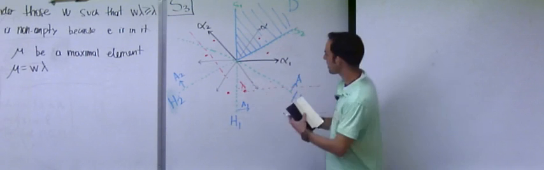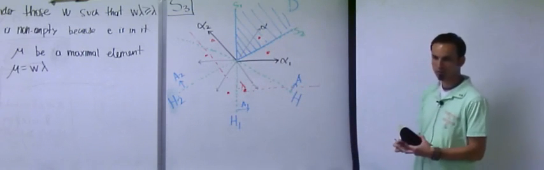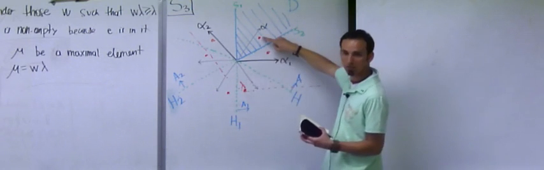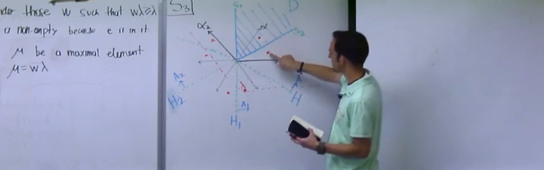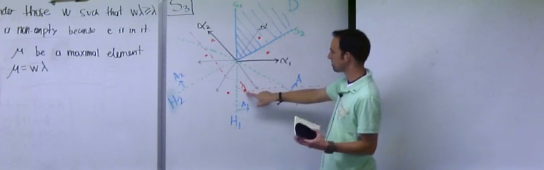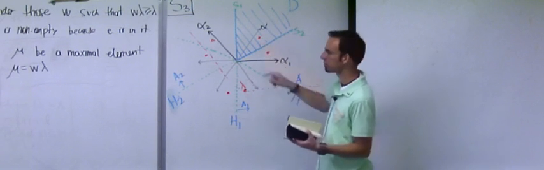And now, out of all of these guys, I'm going to take a maximal one. And which one looks maximal to you here? Well, this one, right? Because you see this is less than this, and this is less than this. And so my claim is that when I do this, this is exactly the mu that I'm looking for. Okay.